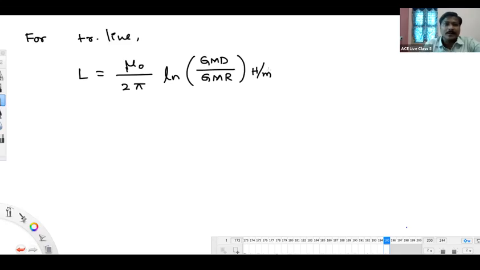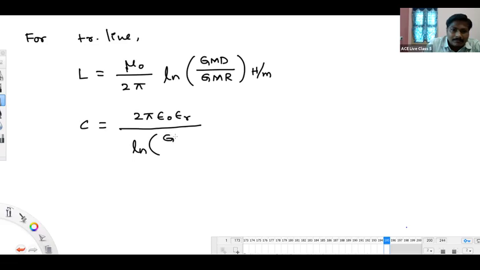What is the capacitance formula? Capacitance is 2 pi epsilon naught epsilon r by natural logarithm GMD by r. Only the radius we should take, in farad per meter.